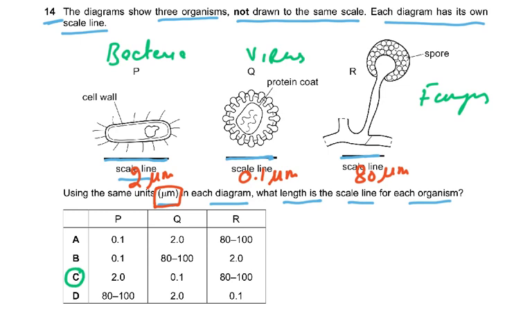But if you understand what is a scale line, only then you could be doing this. This is a very difficult question. I agree with somebody suggesting it to me that this was a difficult question. So you have to understand how we would do this magnification and how we figured this out, because bacteria being bigger than a virus and then a fungus being bigger than even a bacteria. So this was what you had to figure out.